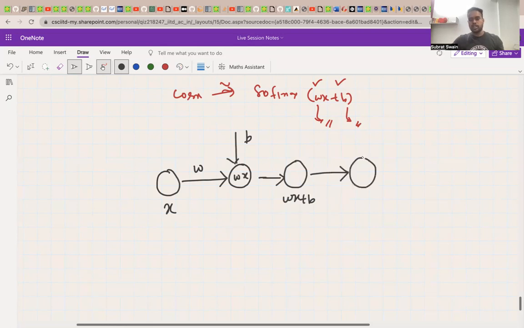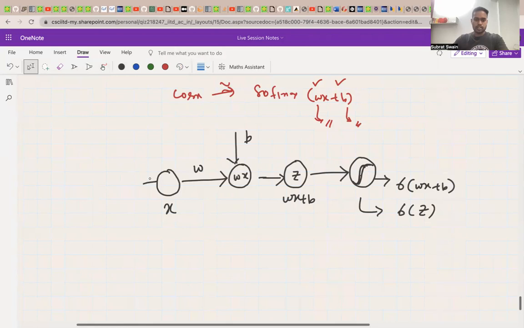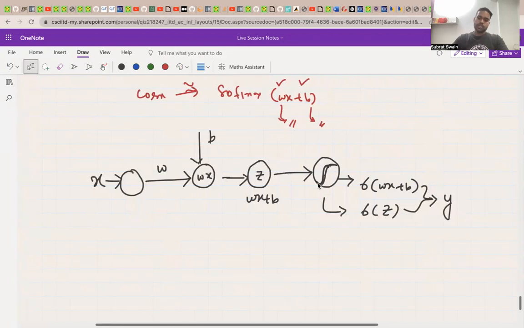Then I'm adding a non-linearity here, shown using this sigma of wx plus b. And we call this z. Here, this is x, and this thing is called y.